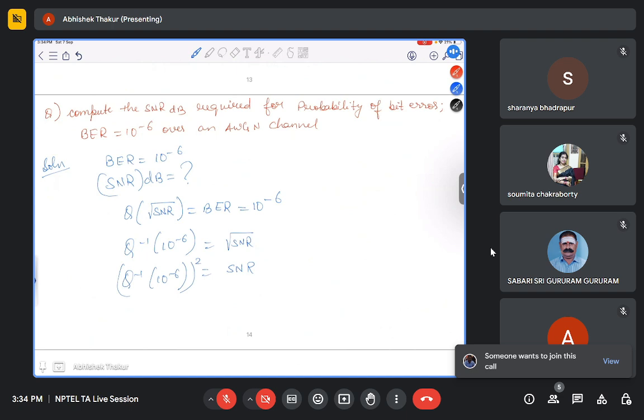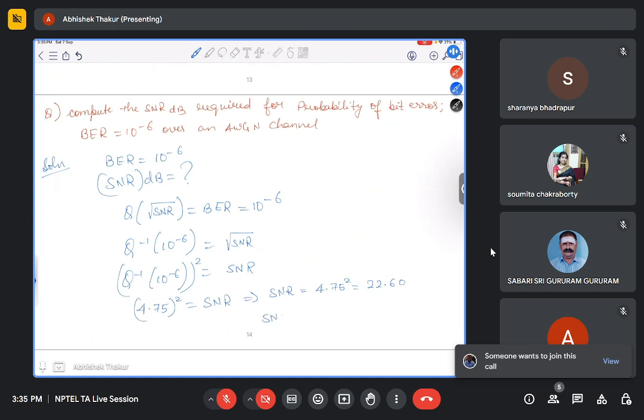The Q inverse of 10 to the power of minus 6 is 4.75. This value you can find from the Q table, the Q chart is available on the internet. So SNR is equal to 4.75 square, or mostly this will be given in the question as well. So this will be 22.60.